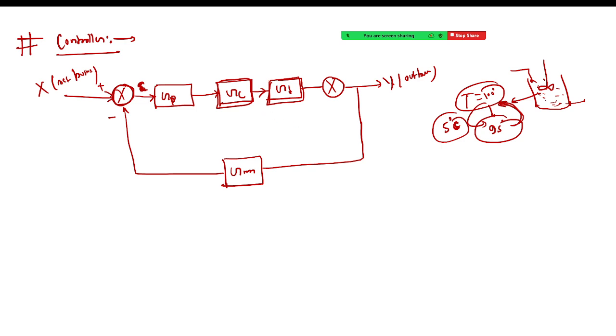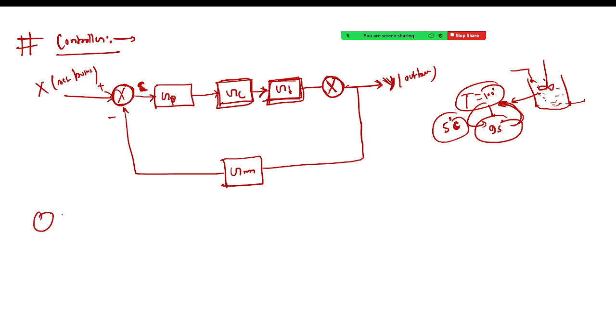Once this final element does the control action, the temperature will give you 100 degrees centigrade, that is the desired output. That's the essence of the controller. So that's why we use a controller, we are trying to reach the ultimate value of the response that I want. There are different processes that require a controller, and on that basis the controller has been defined in three forms.